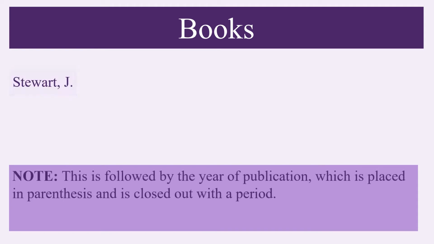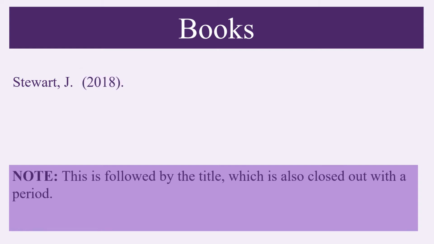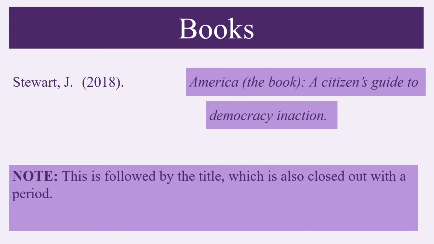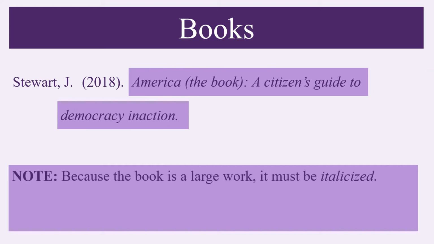The author's name is followed with the year of publication, which is placed in parentheses and is also closed out with a period. Once we've introduced the date, we're then going to follow that with the title of the book, and that will also be closed out with a period. Because the book is large, it must be italicized.